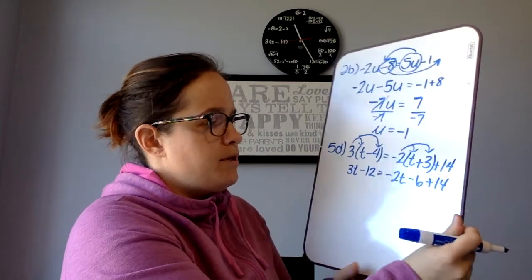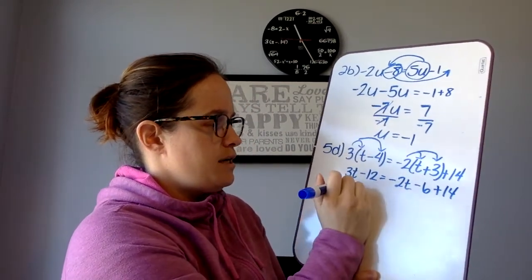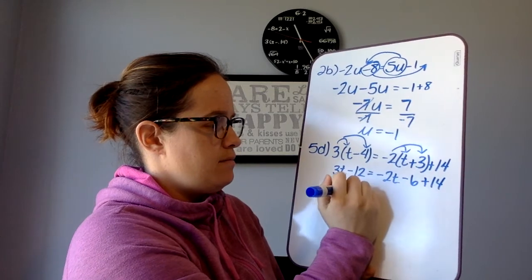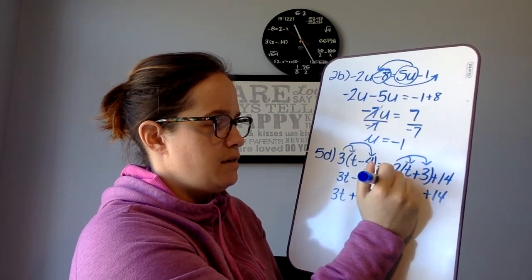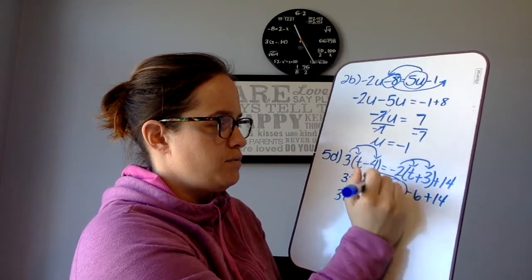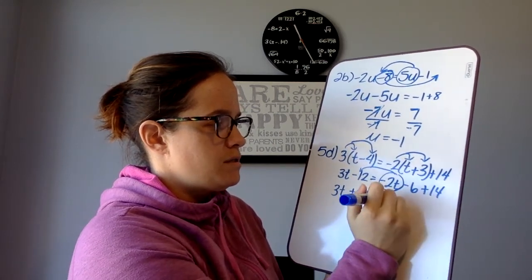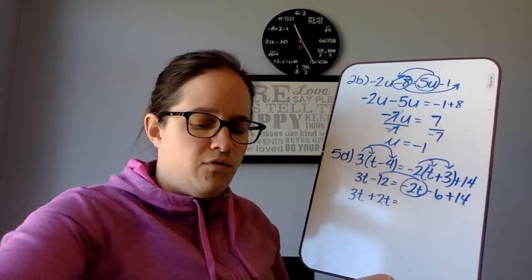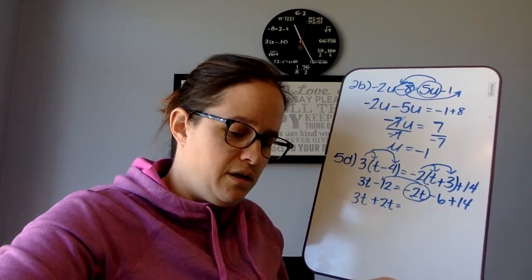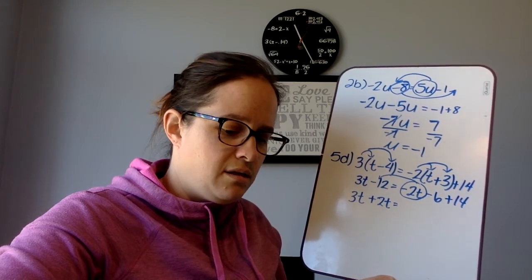Okay, from here we're going to put all our t's to this side. So 3t plus 2t, because I'm going to take this over, change it to a positive, equals, you can combine this negative 6 and 14, and that is going to give you 8.